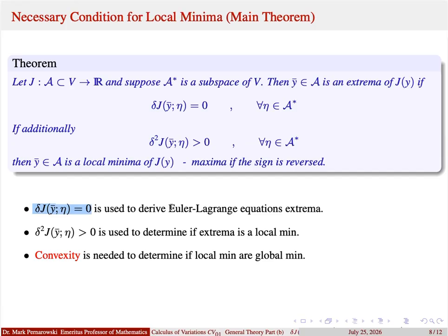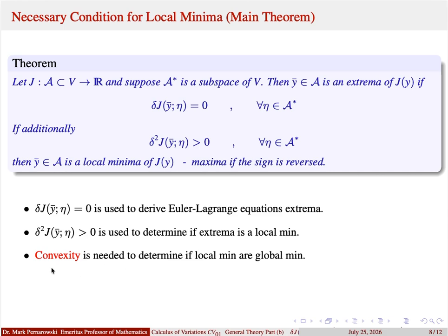That will be used to derive Euler-Lagrange equations. Then sometimes, but not that often, we'll be using this second variation to determine whether the extrema found from the first part is a local min or a local max.